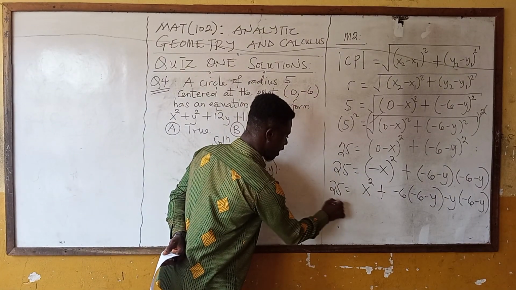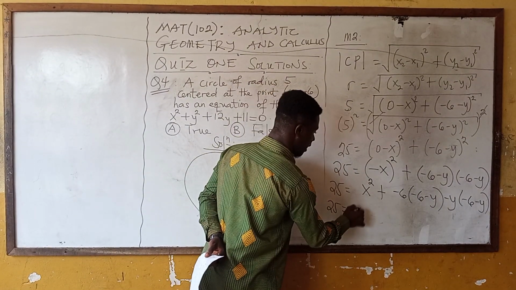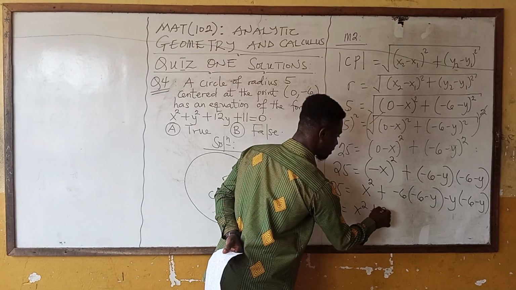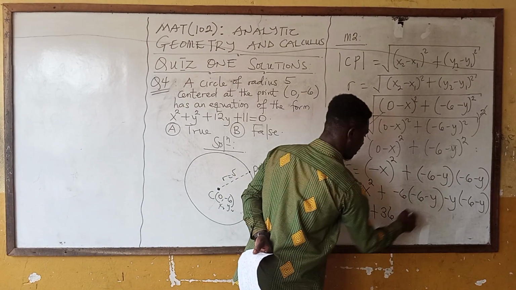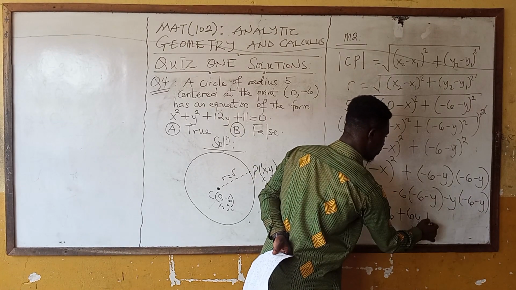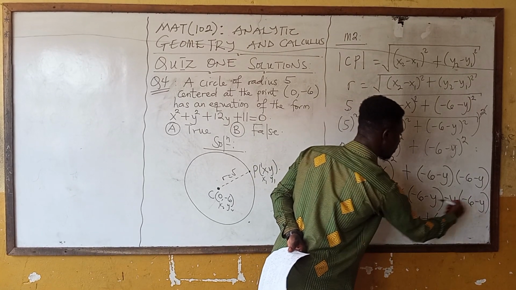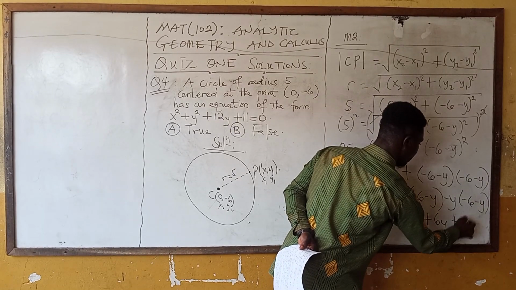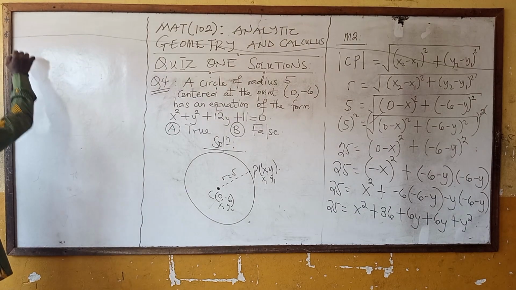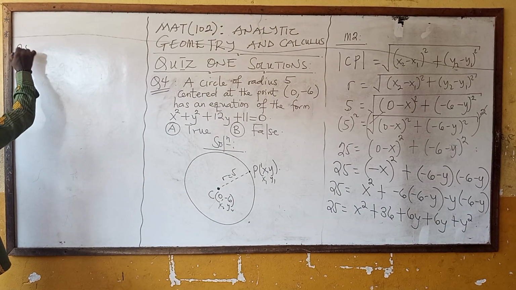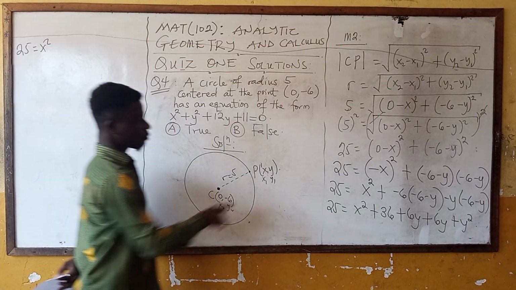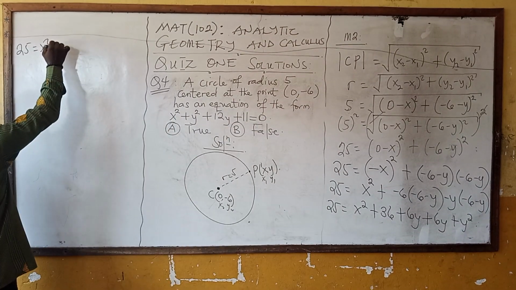So 25 will equal x squared, then negative 6 times that gives plus 36, plus 6y, plus 6y, then plus y squared. So I have 25 equal to x squared plus y squared.